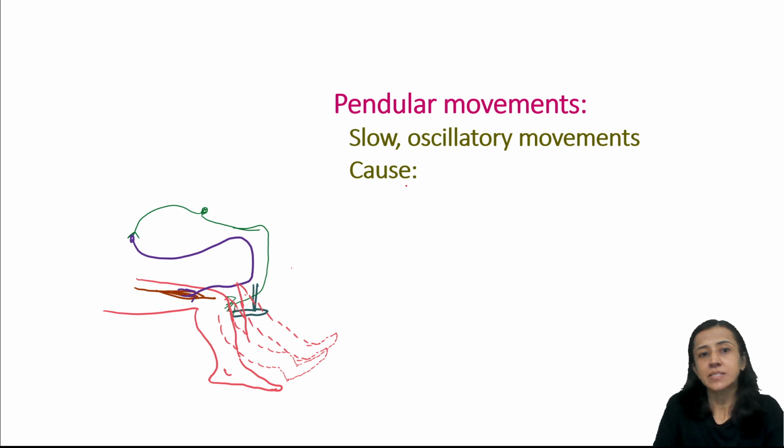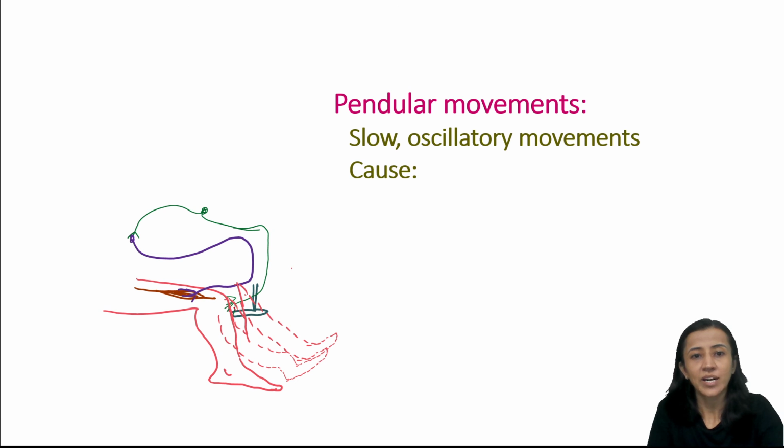Pendular movement: suppose we are initiating the knee jerk. When we have given a stroke, there is extension of the leg, but this extension happens only once. But in pendular movement, it continues like a pendulum. It moves this way, this way, extension, flexion continues.